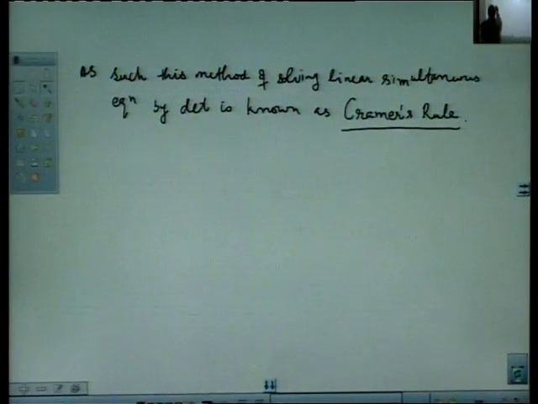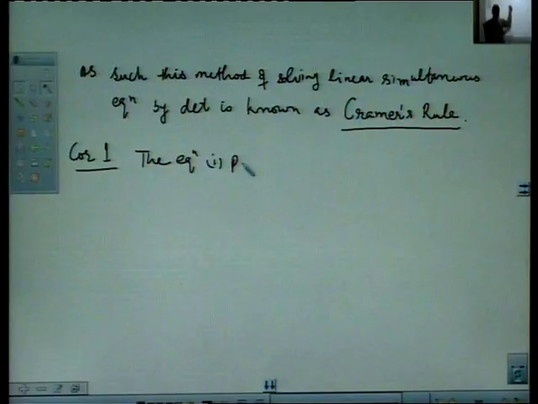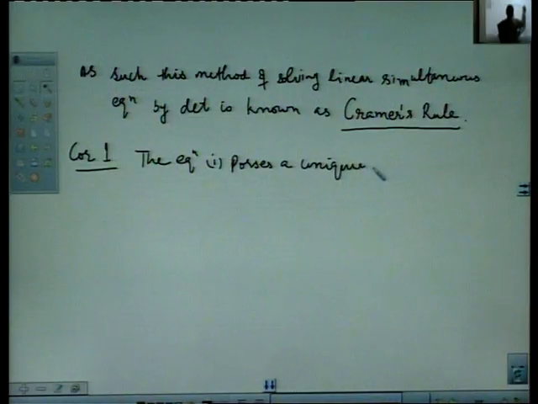Corollary number 1: the equation 1 possesses a unique solution when D is not equal to 0.